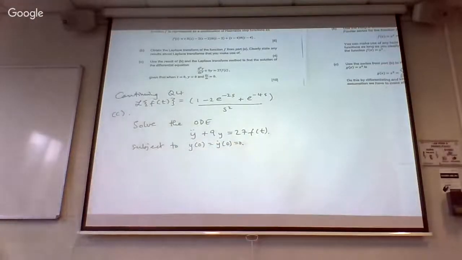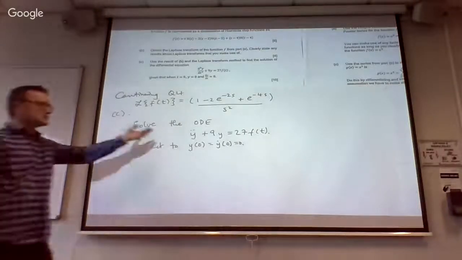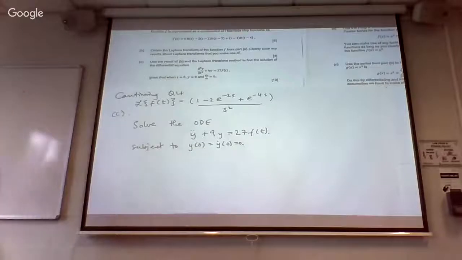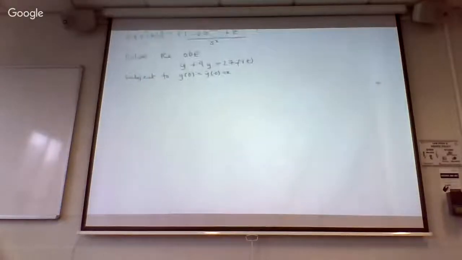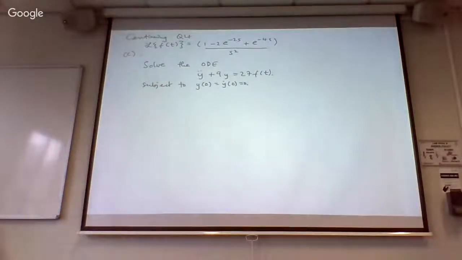Those are the simplest kind of initial conditions to have because they remove some of the constants from the transformed equation. In answering these kinds of questions, you should give a good demonstration of the method, and supply the justification where it's needed to indicate your understanding of the material. Okay, so the usual advice.